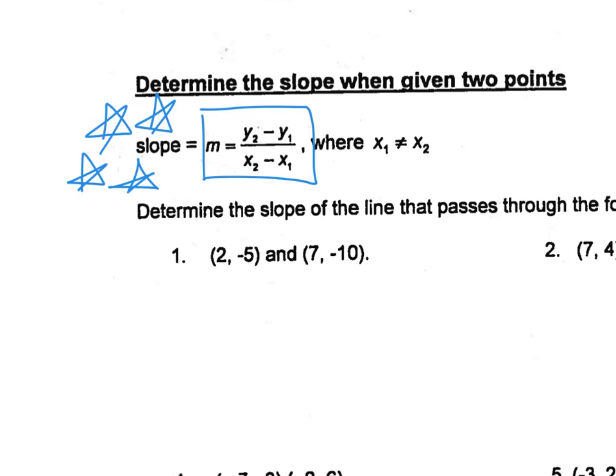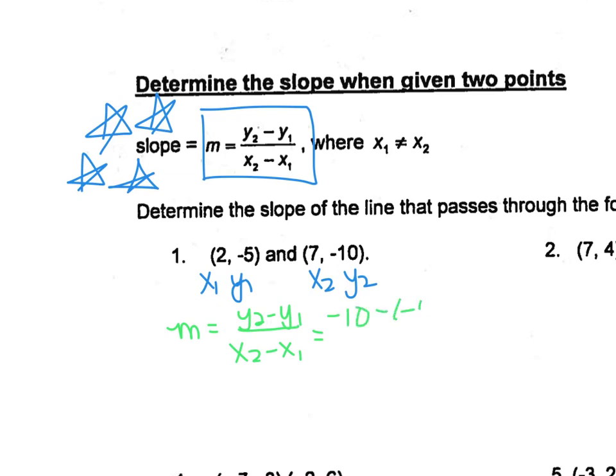So, just to recap, we know that this is x1, y1, this is x2, y2. So now when I calculate my slope, it's going to be y2 minus y1 over x2 minus x1. So y2 is -10 minus y1, which is -5.